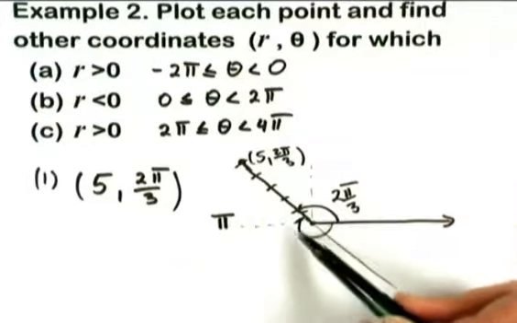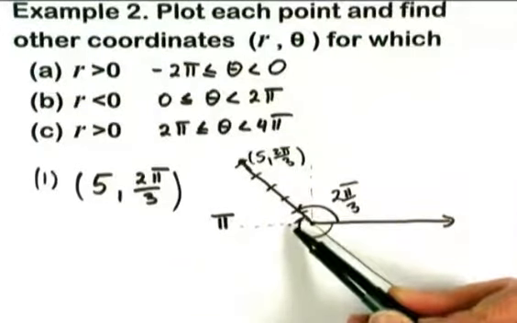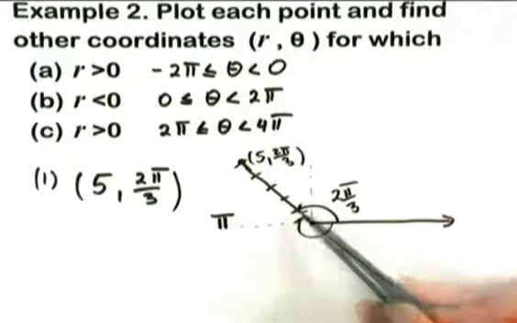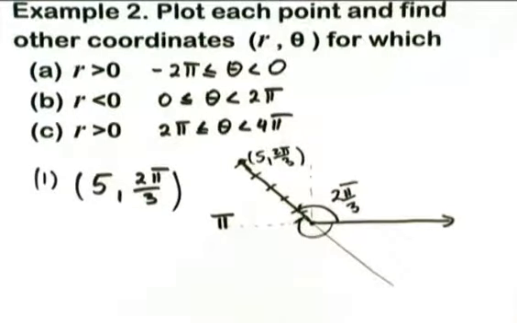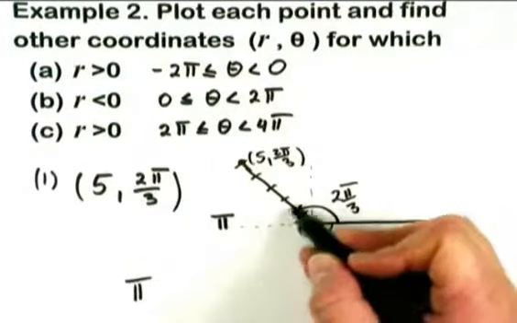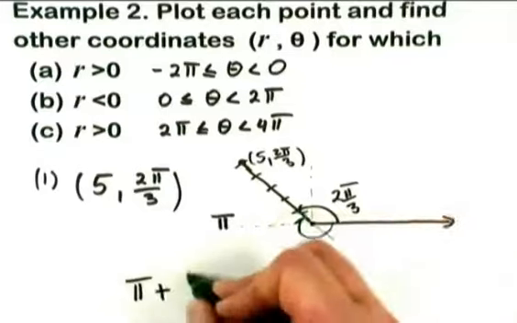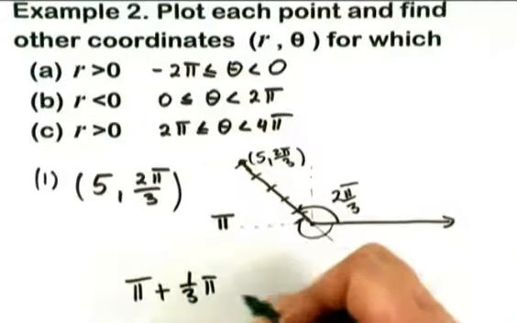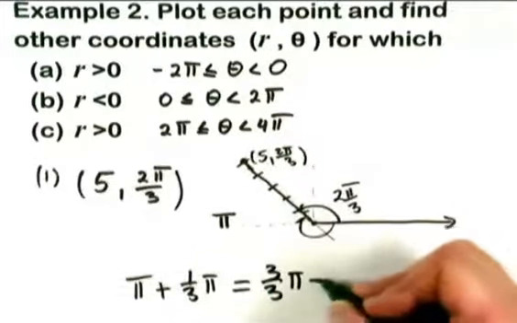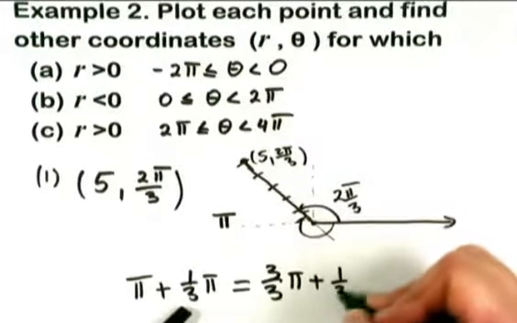So up to this point is pi, and this little part is 1/3 pi. We know that 1 pi is 3/3, and this one we have plus 1/3 pi.